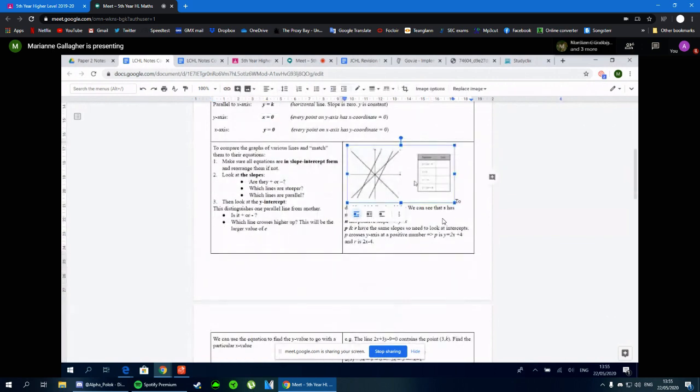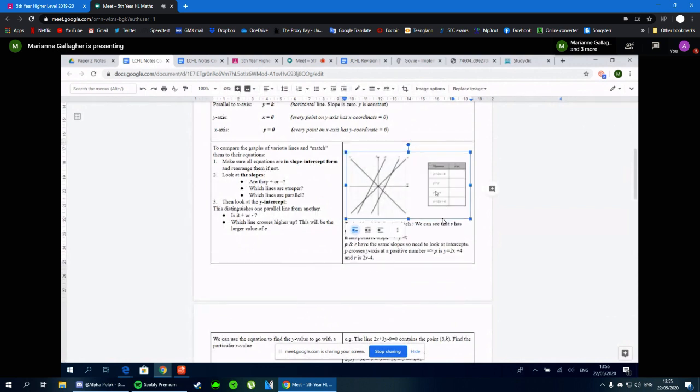This little question here, I think we did one similar. Let's make that a bit bigger. Sorry, I'll see if I can put in a better picture of that. If you're given graphs and you're looking to compare lines, okay, what you want to do is use the slope-intercept form. So if you're given a few equations, put them into slope-intercept form, okay? And when you look at the slopes, are they plus or minus? So we can see here that 3 of these lines are plus and 1 is minus.